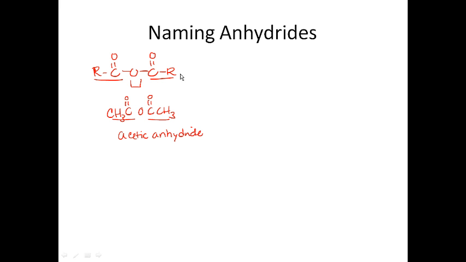Now I should probably take a step back here and say that when you're looking at an anhydride, the way we can think of forming this is to take 2 carboxylic acids and bring those together, losing water. So that's where the term anhydride comes from, the fact that we've lost water between 2 carboxylic acids to make the anhydride, the molecule without water.